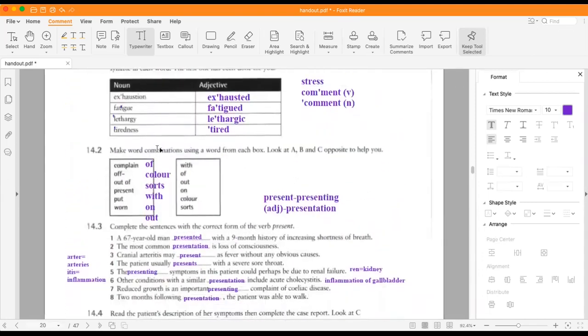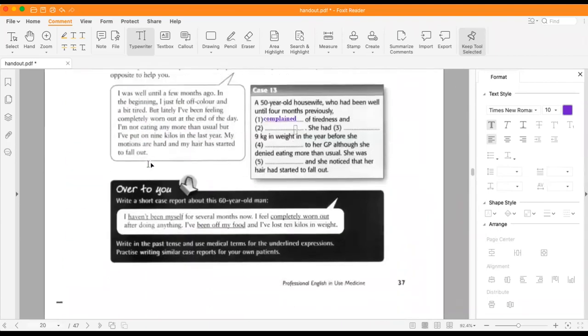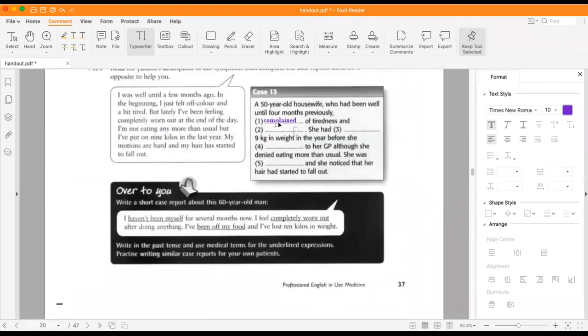As we said in this example, complain of. She said many keywords that mean she is feeling unwell, like, for example, I felt off color and a bit tired. So here, a complaint of tiredness and malaise.